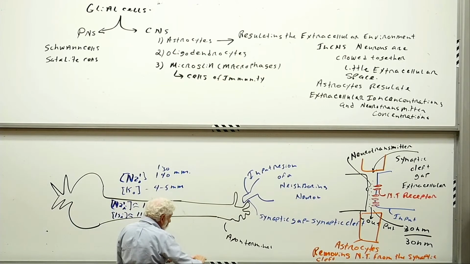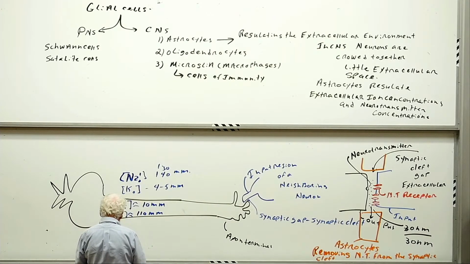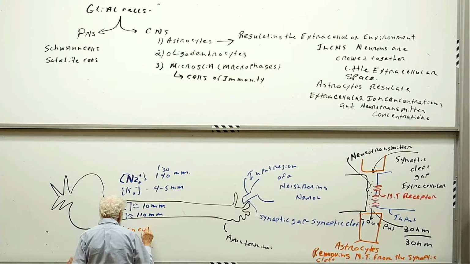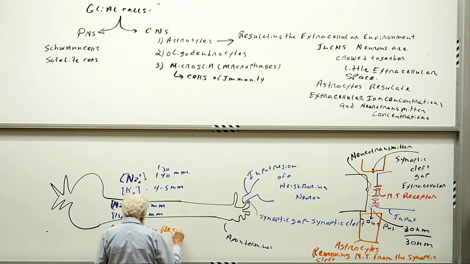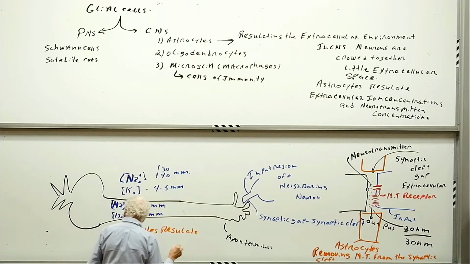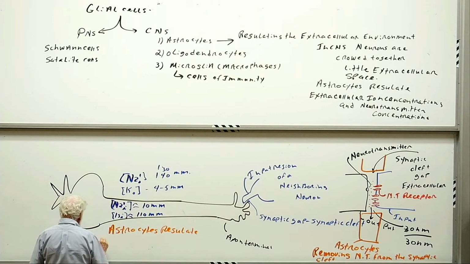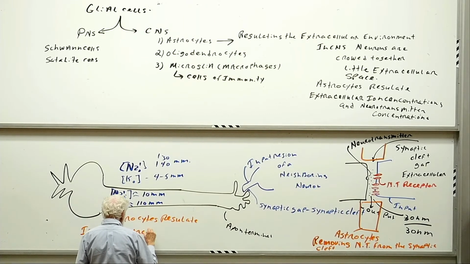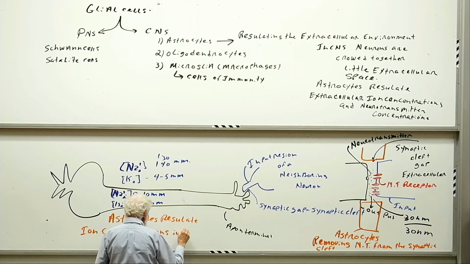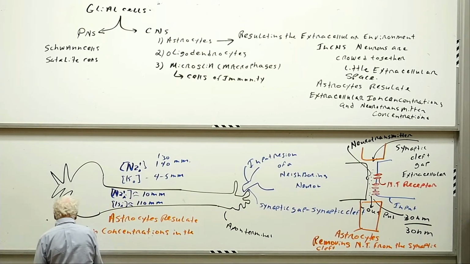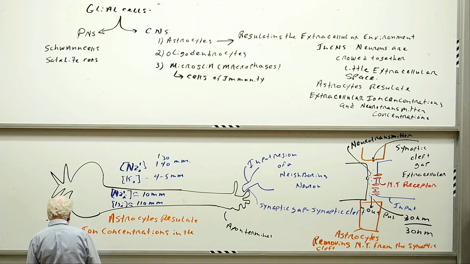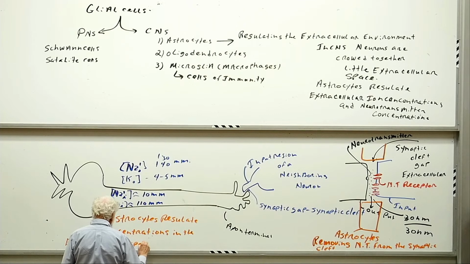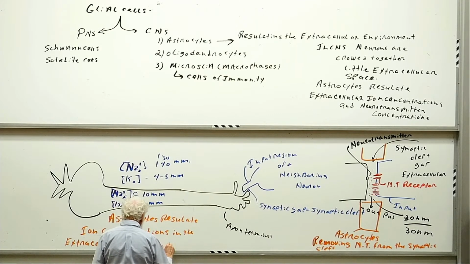So the other role of the astrocytes is that the astrocytes regulate ion concentrations in the extracellular space in the CNS.